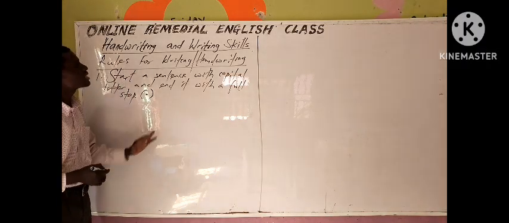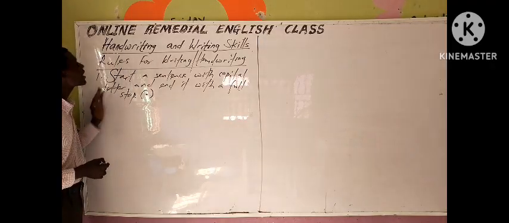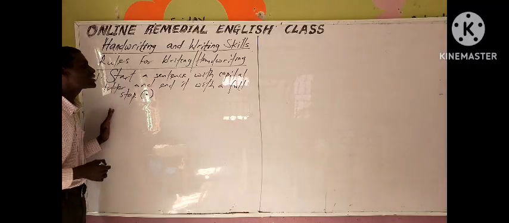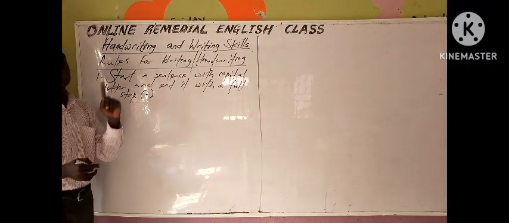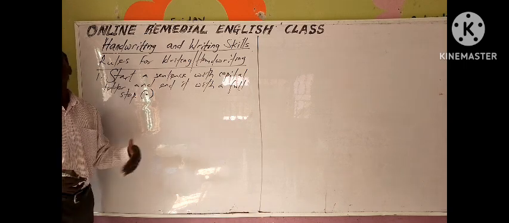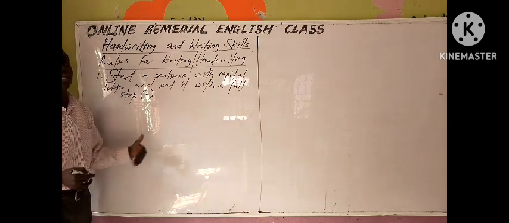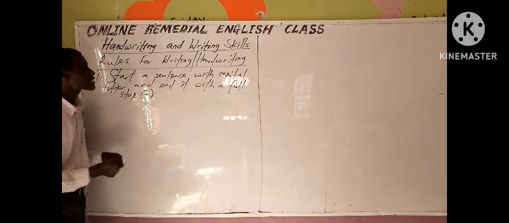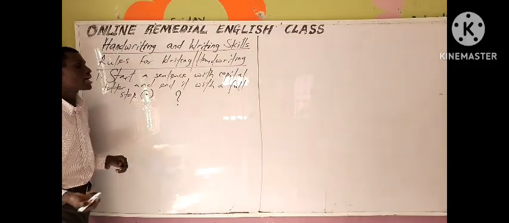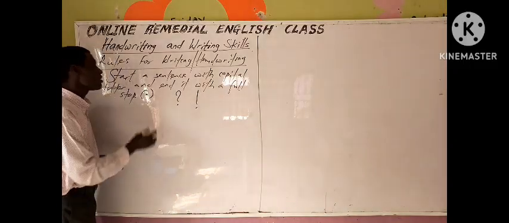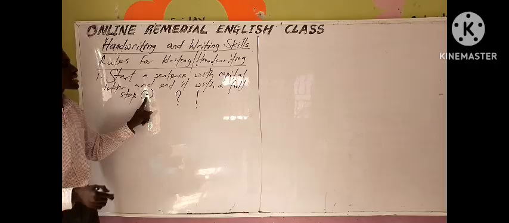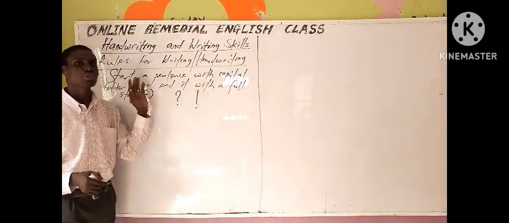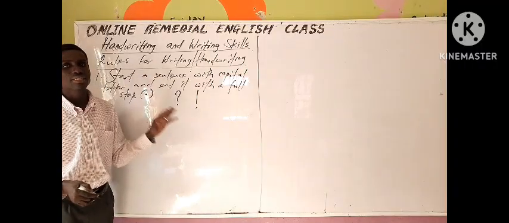So when you start your writing, ensure you start with a capital letter and end with a full stop. But I need to add, there are other punctuation marks that can end a sentence, such as the question mark and the exclamation mark. That is to say, full stop, question mark, and exclamation mark can be used to end a sentence.